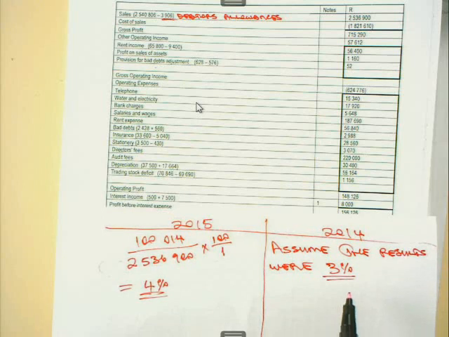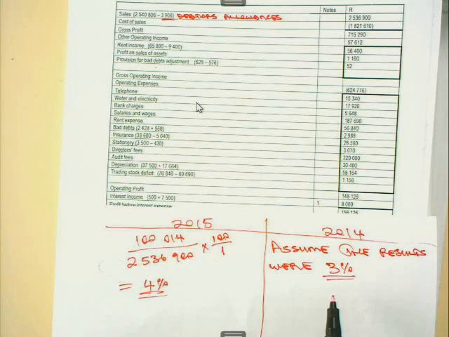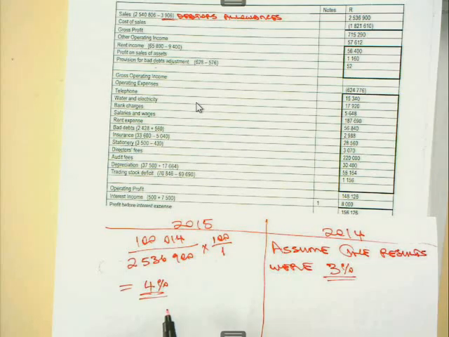Now we have an increase. The net profit as a percentage of sale has increased from the 3% that I'm giving you as an assumption, to the 4% that you just calculated.